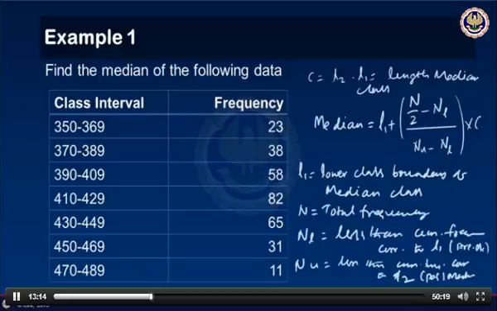Students, just before computing the median in the case of grouped frequency distribution, look at the formula.